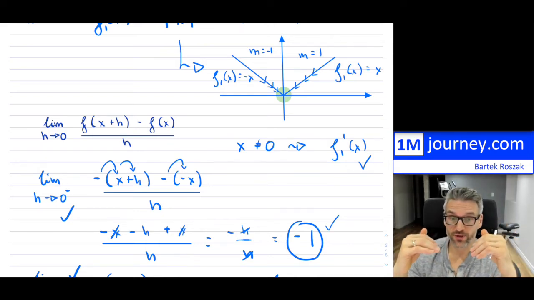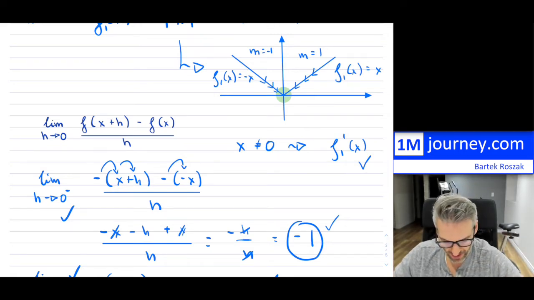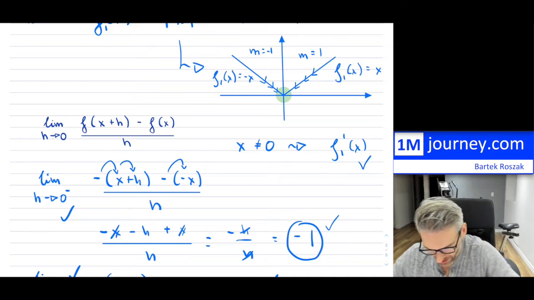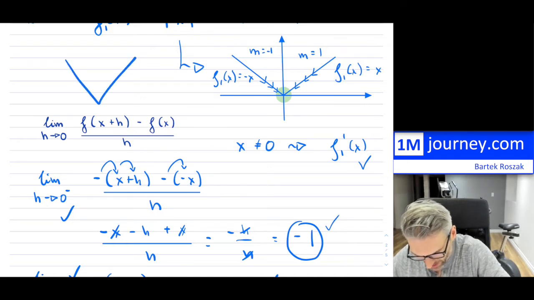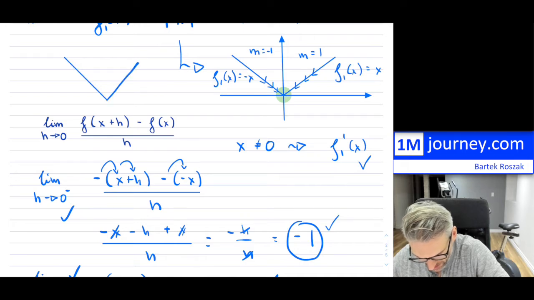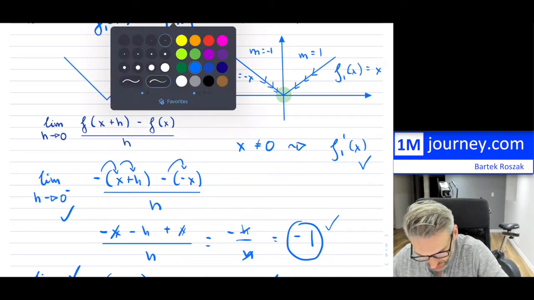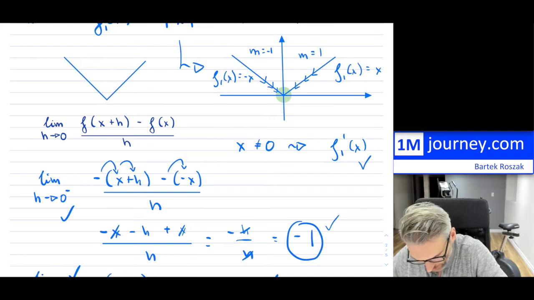So there is no derivative at 0, and that should make sense to you, because if we had a cusp like this, maybe let me draw it properly. If it's like that, and I wanted to try to find a tangent at that point, this could be a tangent at that point. This could be a tangent at that point.